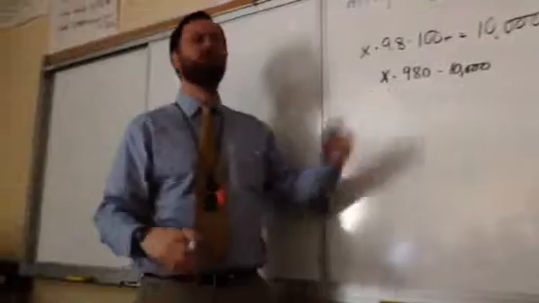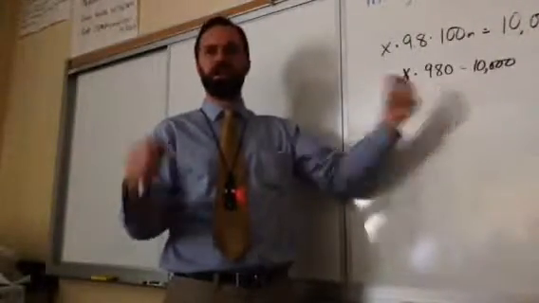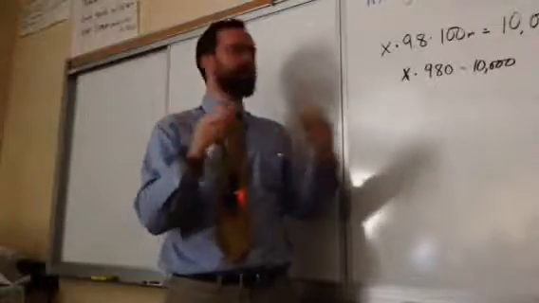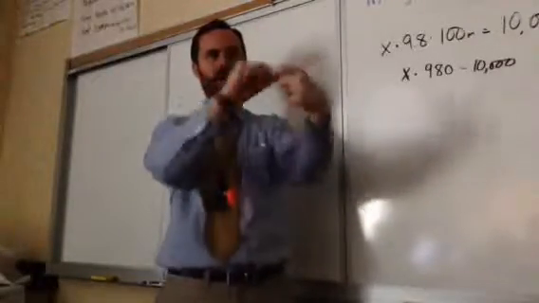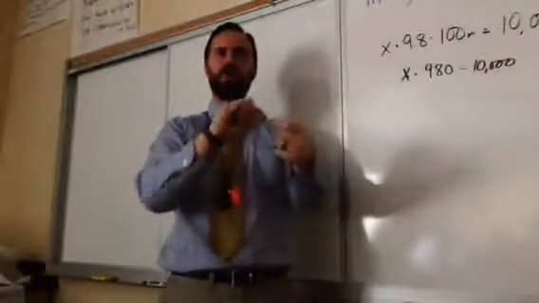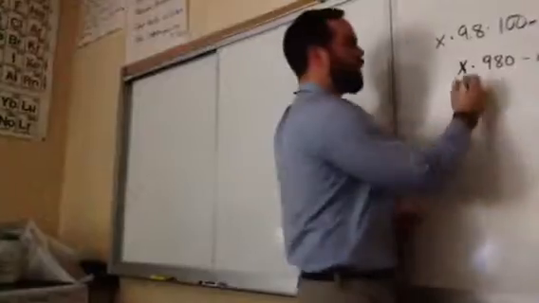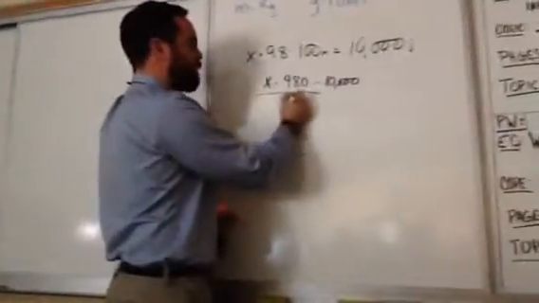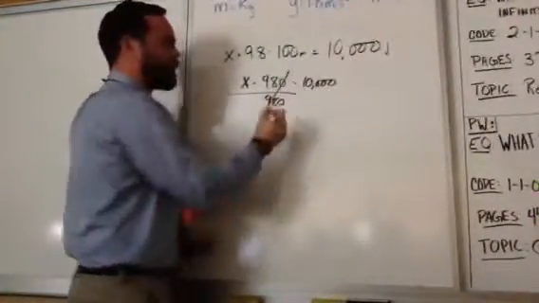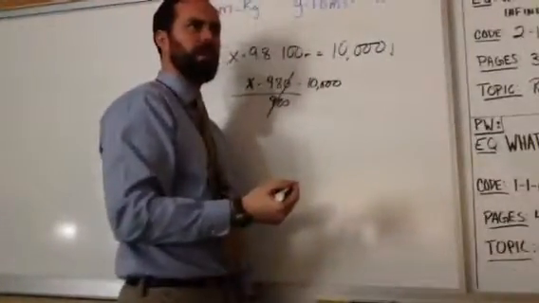Remember, the way I think about math is that this is like a knot that's all been tied up. To figure out the individual parts of it, you've got to untie that knot. So it's tied up through multiplication. How do you undo or untie a multiply? Divide, yeah. So all you have to do here is divide by that number, 980, and that thing cancels out. And then whatever 10,000 divided by 980 is.